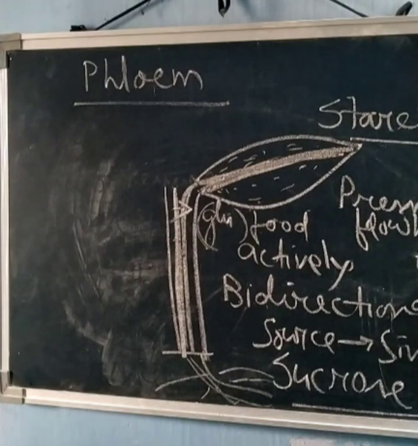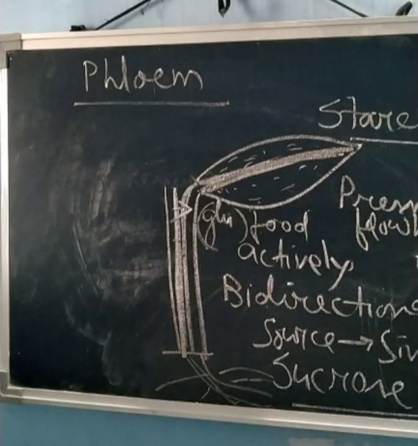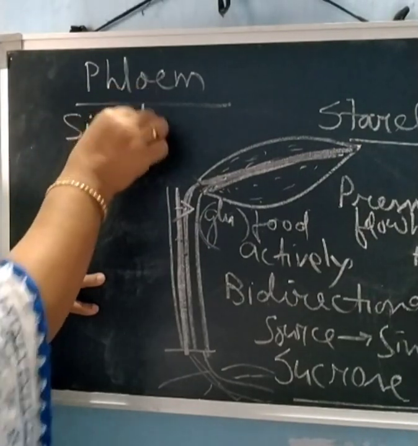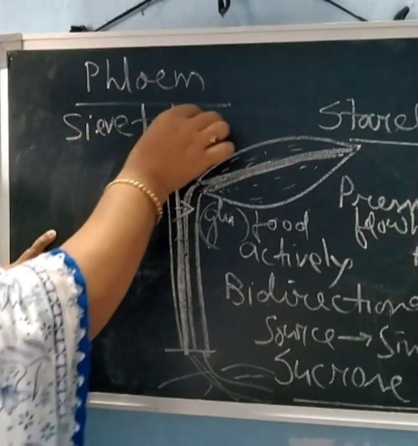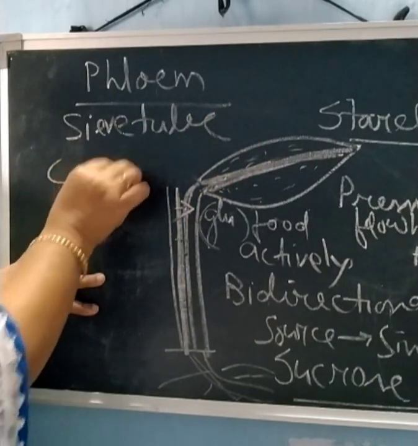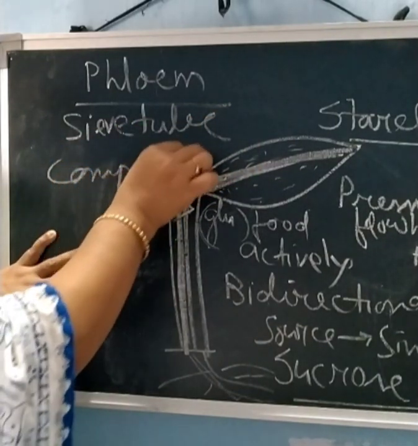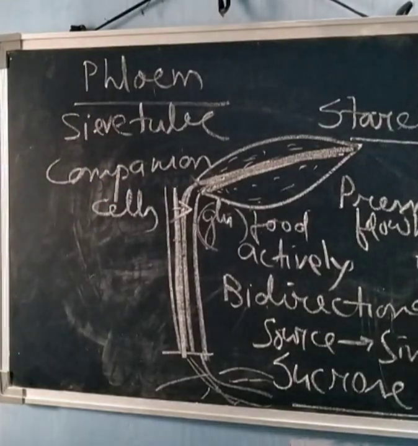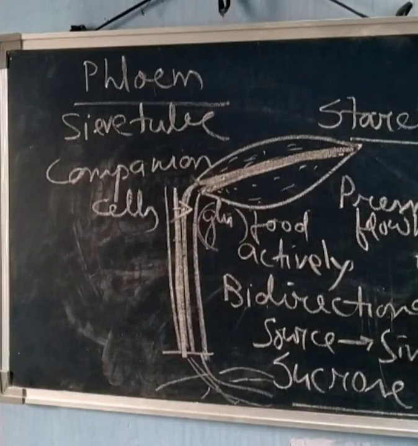And for this, in the phloem, which are the major cells that help in this translocation? That is sieve tubes and companion cells. These two are the major transport medium, the conducting elements. And what kind of things flow along with this food?